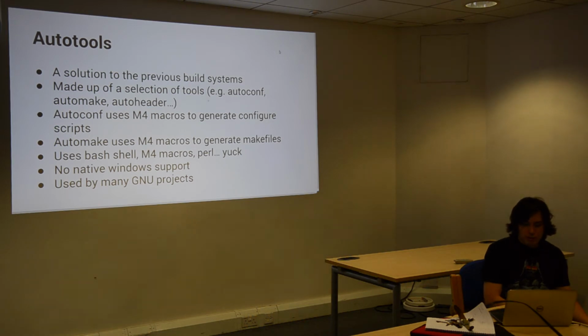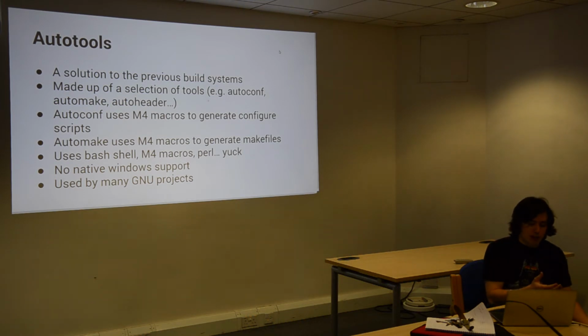The solution that the GNU developers came up with was a bunch of tools that collectively are called Autotools. One component is Autoconf, which generates configure scripts for you based on a file you write that contains some M4 macros. Another is Automake, which generates your makefiles for you, also using M4 macros.